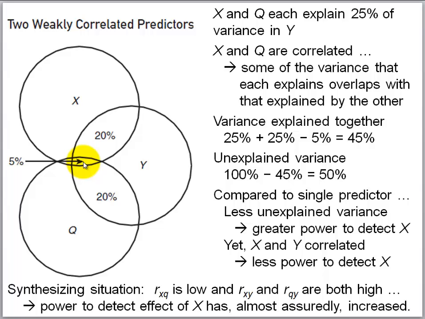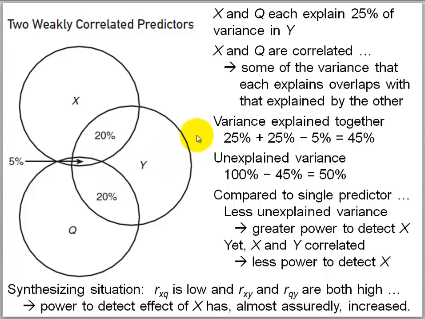So in sum, X explains 25% of the variance. And it's the same result for Q. 20% of the variance in Y is explained uniquely by Q, and then an additional 5% of the variance that Q explains overlaps with the variance that is explained by X.